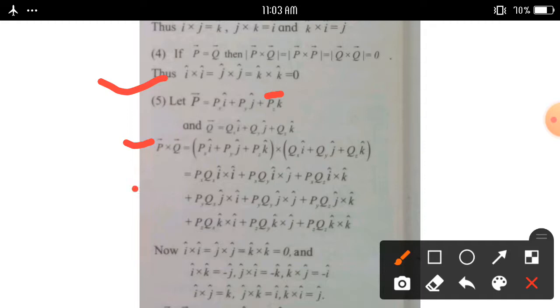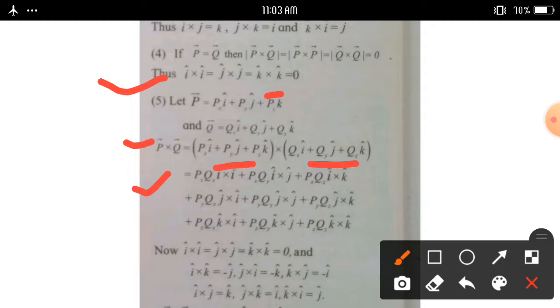According to definition, p bar cross q bar is equal to px i cap plus py j cap plus pz k cap cross qx i cap plus qy j cap plus qz k cap.